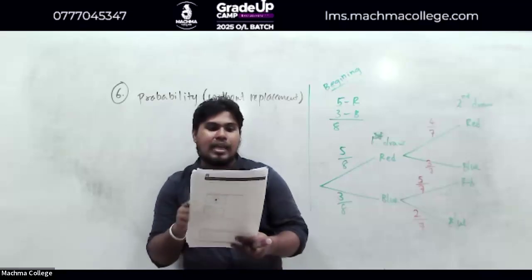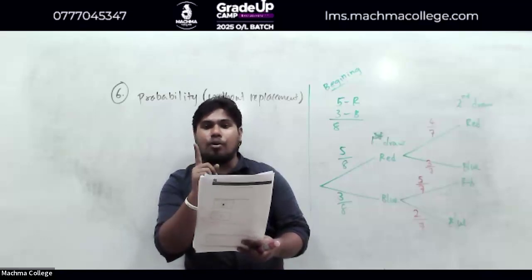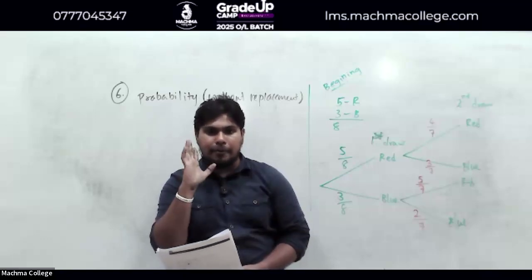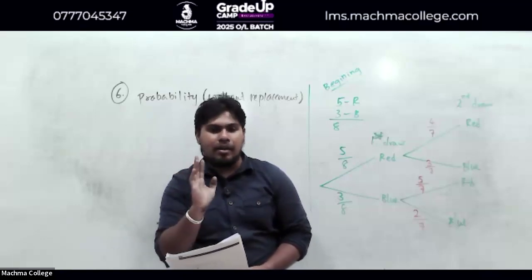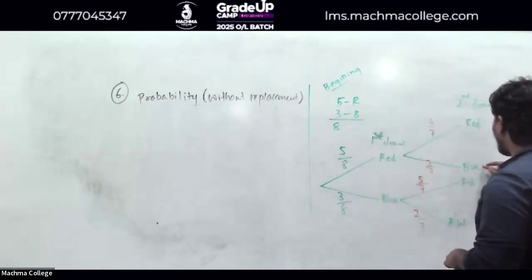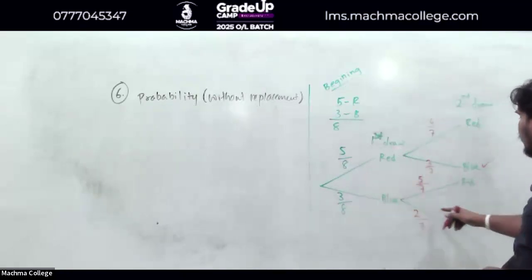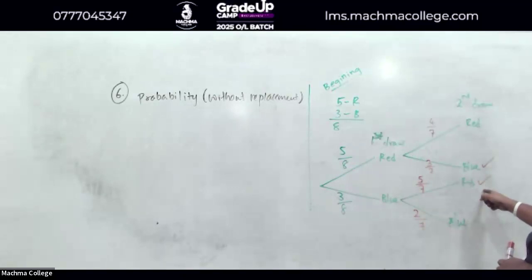Read the sentence carefully. They are asking to calculate the probability of selecting one red ball only. You cannot have a red ball in both the first row and the second row. So first row red, second row blue, and first row blue, second row red. These are the only two instances, the two branches you have to select.